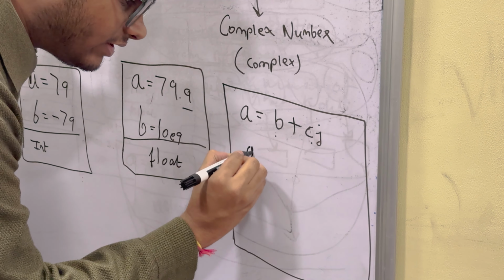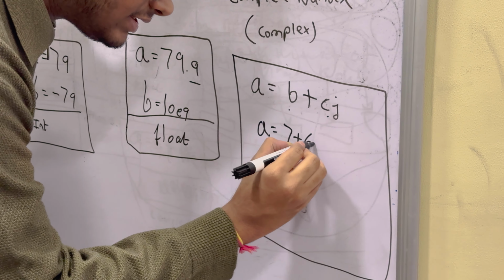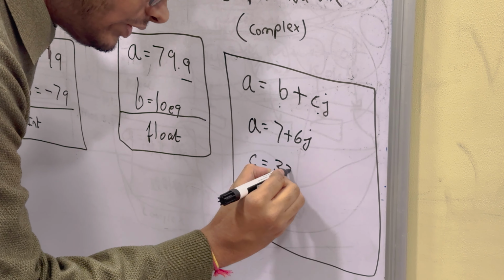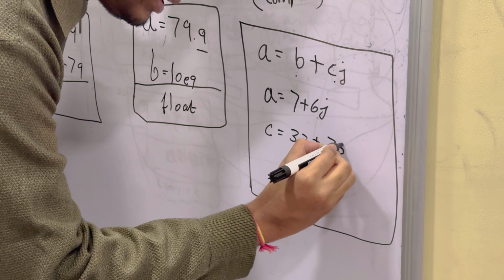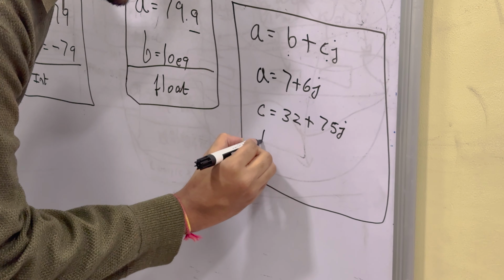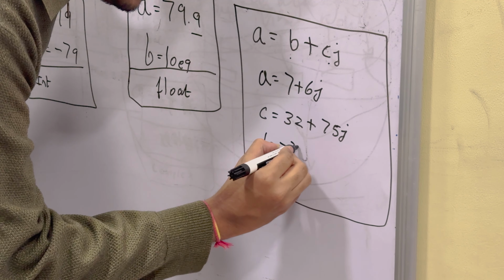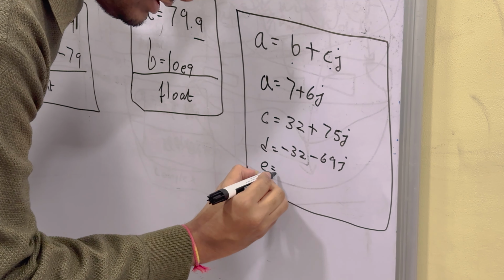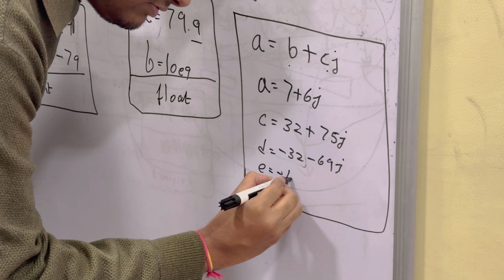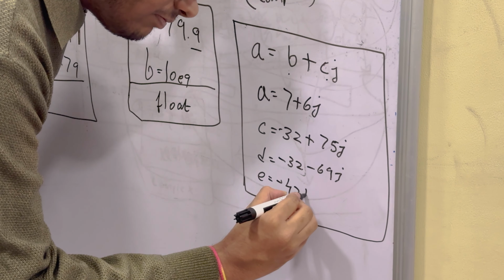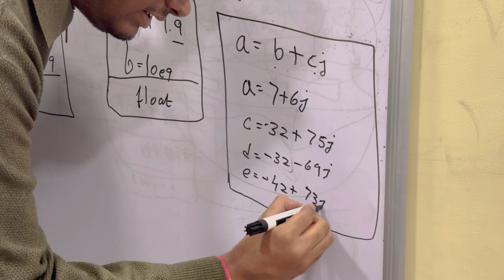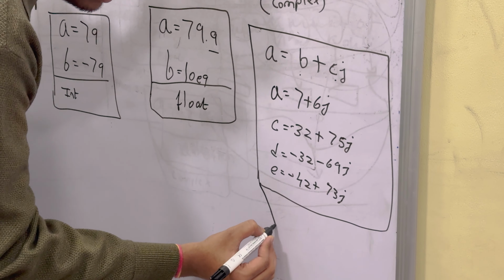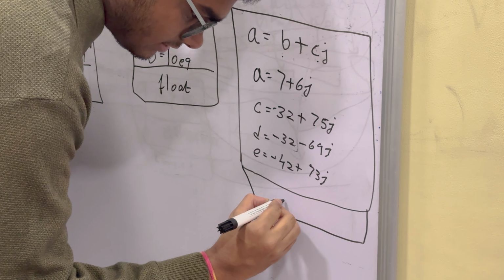So if I write down a = 7 + 6j, or c = 32 + 75j, or d = -32 - 69j, or e = -42 + 73j, this all would come under the complex numbers with the class complex.